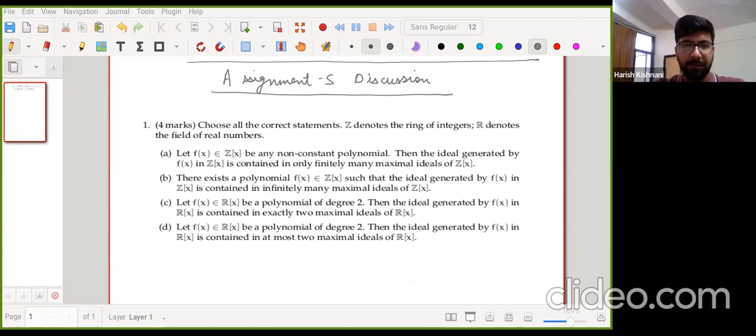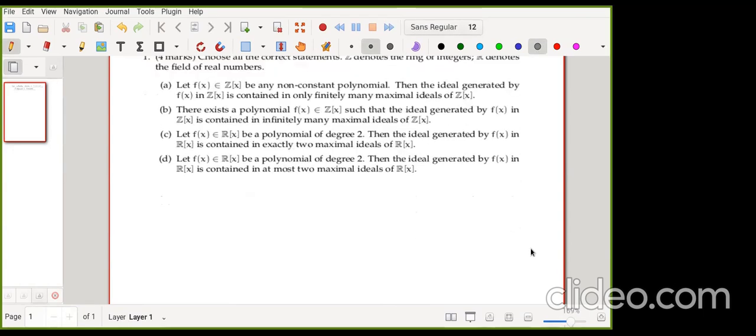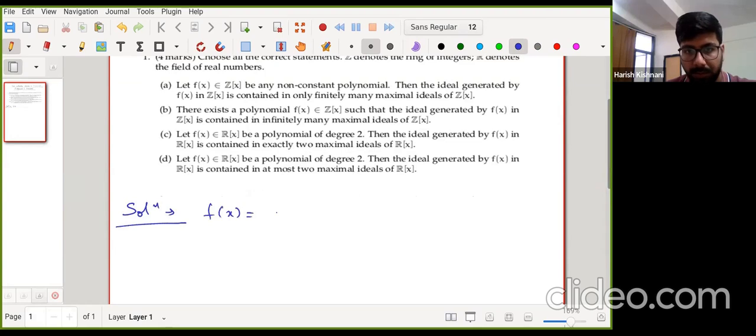So the example is to consider the polynomial f(x) = x - 1.